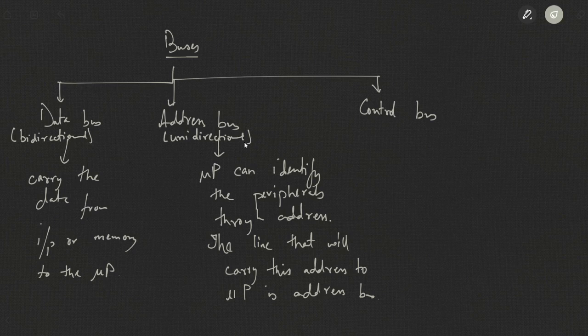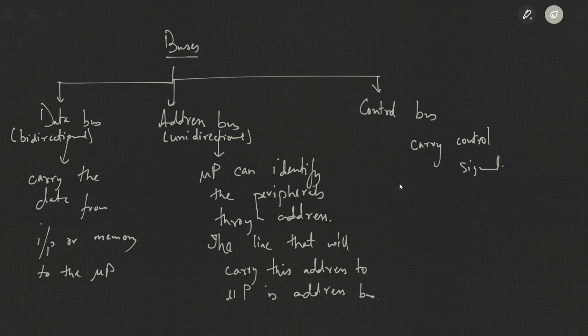And the control bus will carry the control signals. There are other things that need to be monitored in a PC, such as timing, coordination, and synchronization.